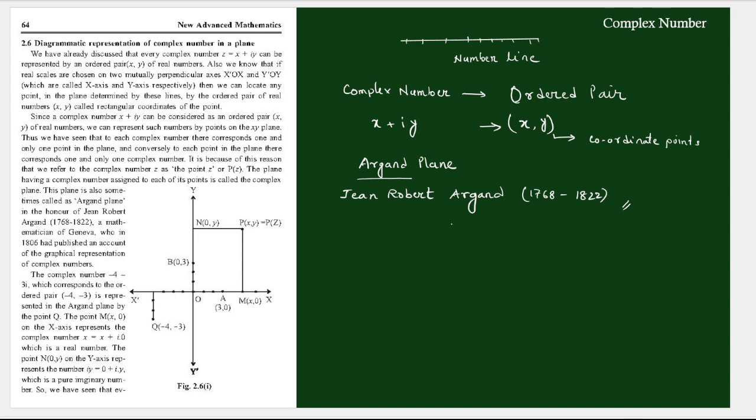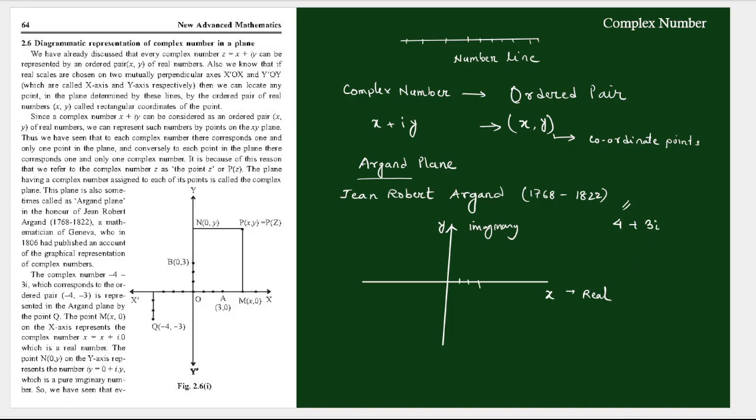So a complex number can be represented. The x-axis will be your real part, and the y-axis will be your imaginary part. Say like 4 plus 3i.